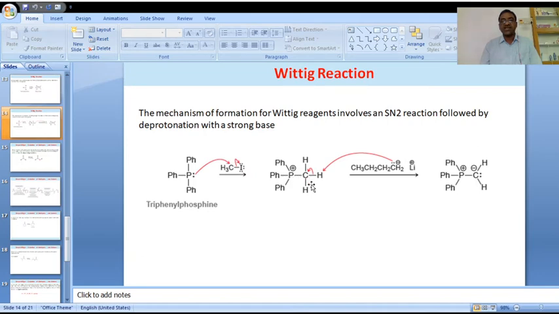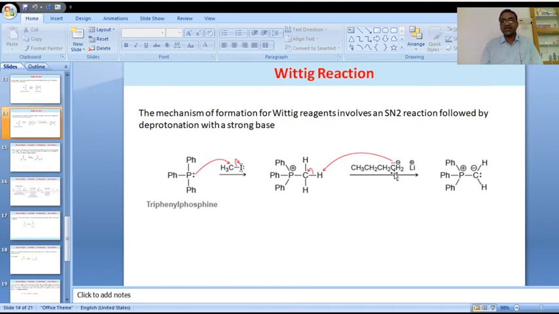From this intermediate, here we are using the strong base butyl lithium. This strong base butyl abstracts hydrogen from this intermediate.